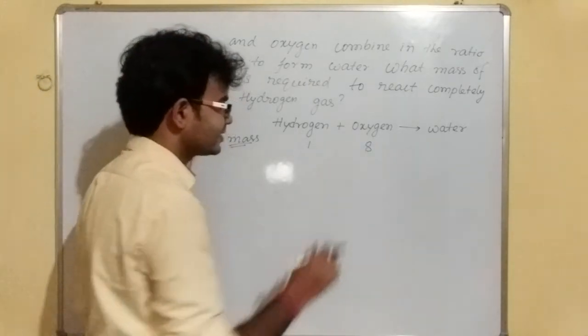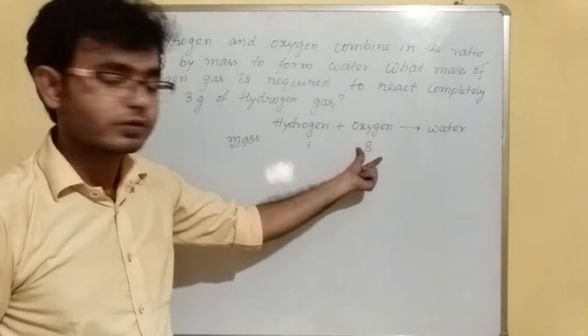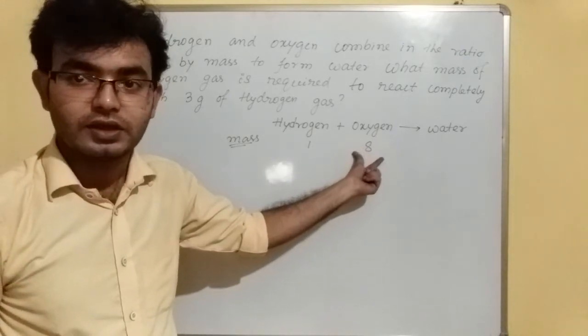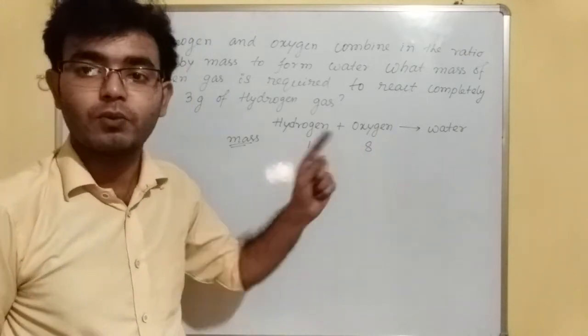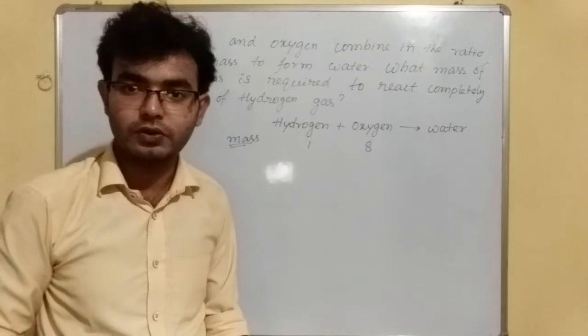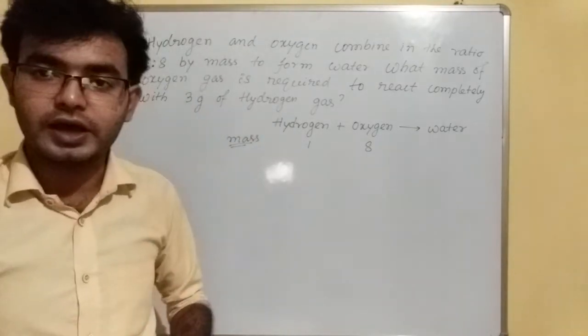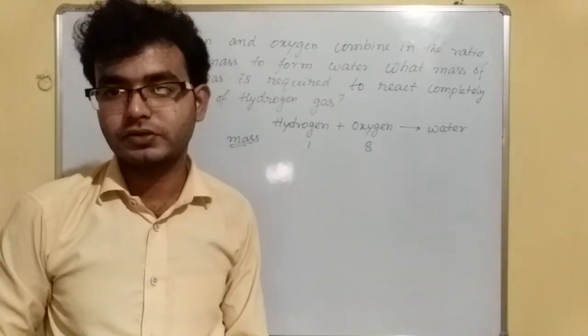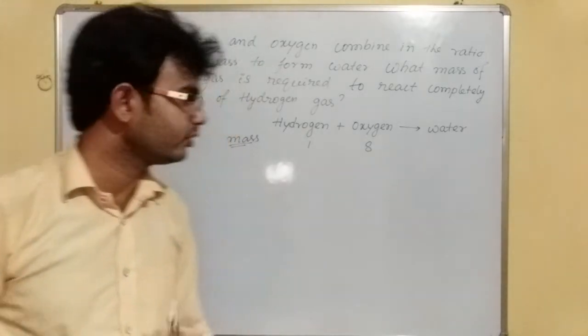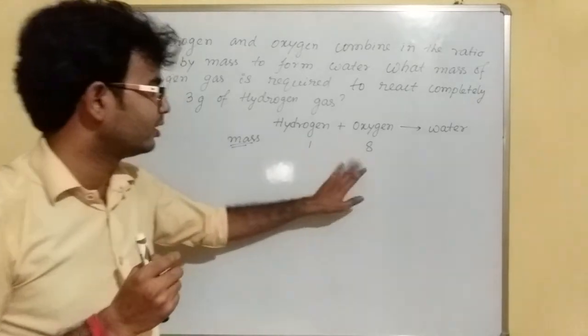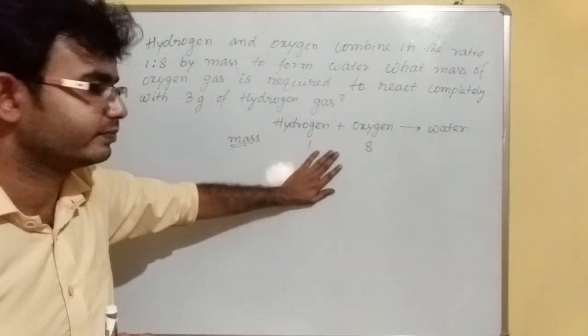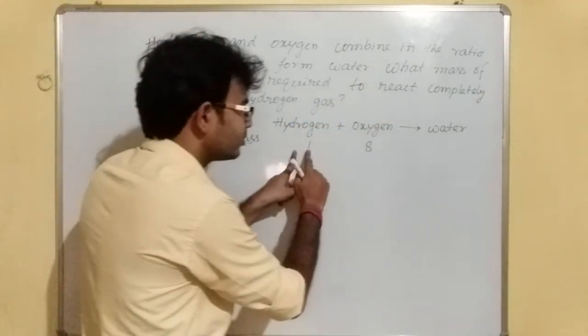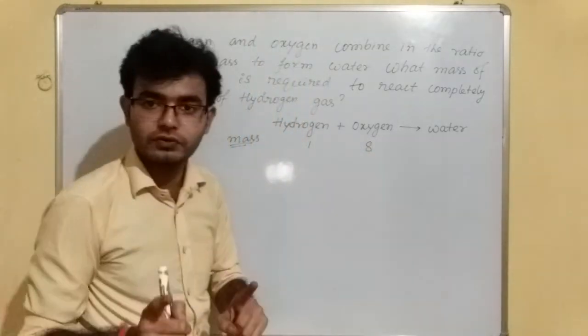So we can say that 8 gram of oxygen is required to react with 1 gram of hydrogen. Okay, so suppose we are taking 1 gram of hydrogen which combines with 8 gram of oxygen.